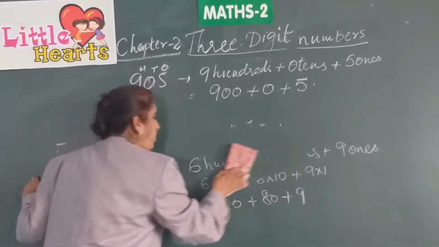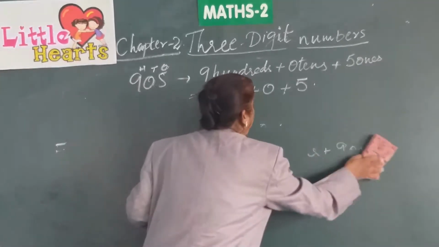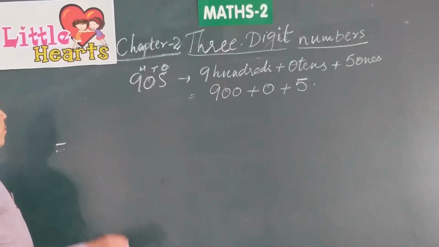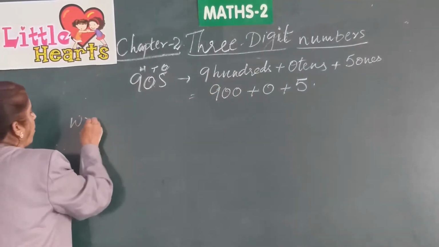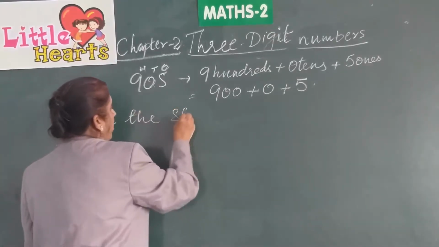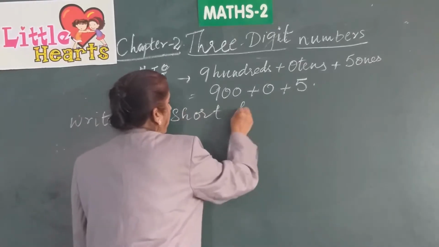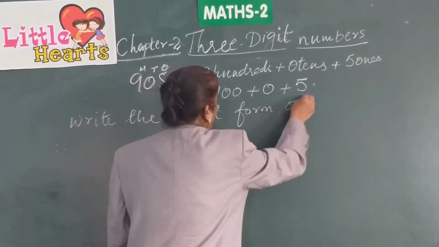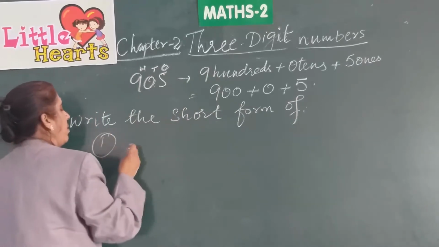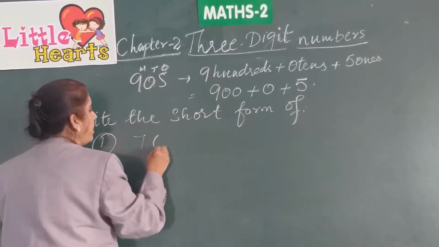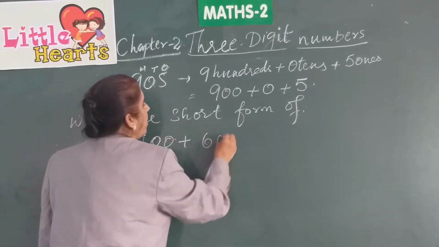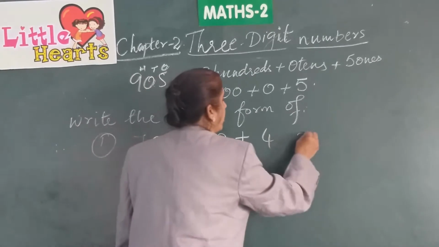And if the expanded form is given and you are asked to write the number, it is called the short form. Write the short form of 700 plus 60 plus 4. The expanded form is given, you have to write the number.